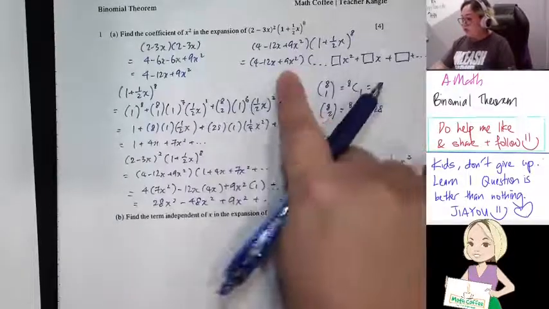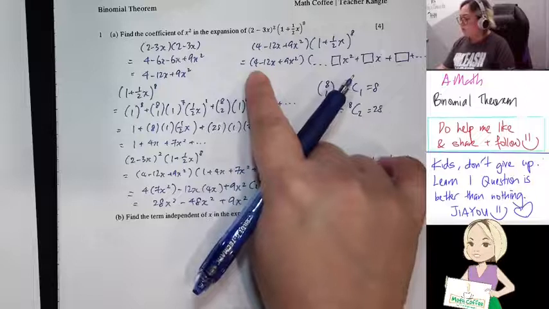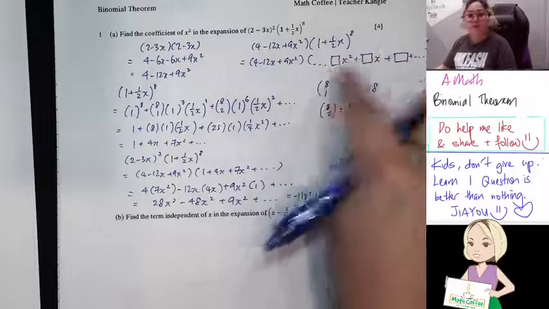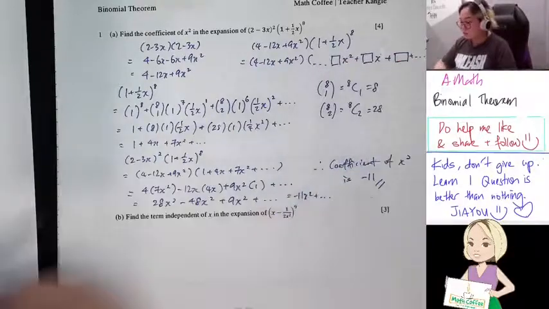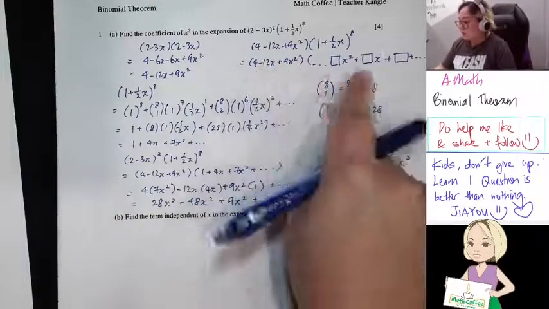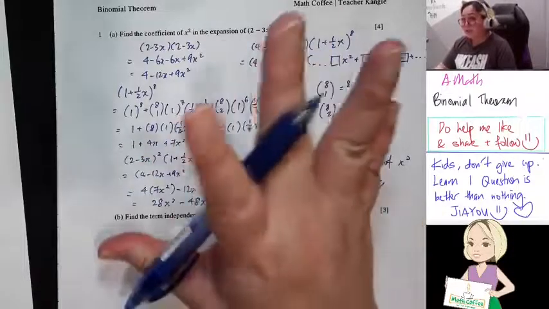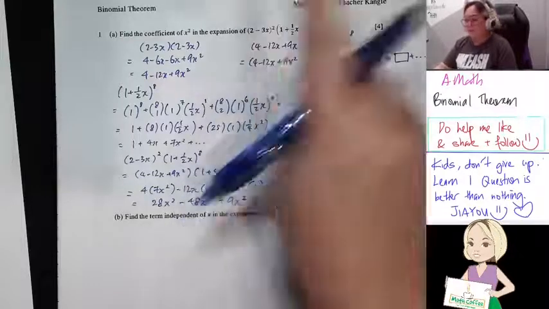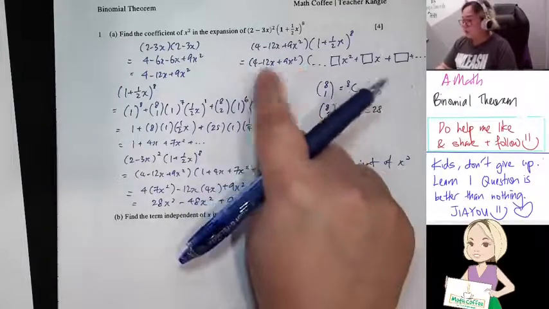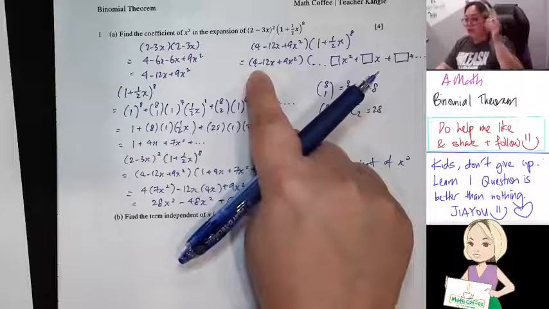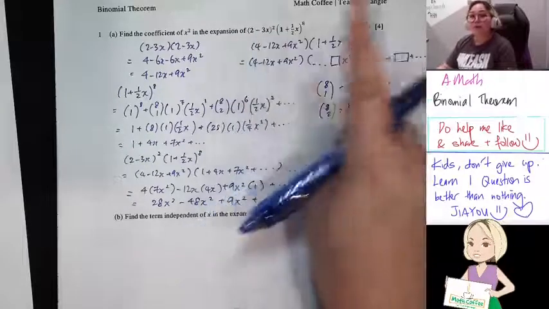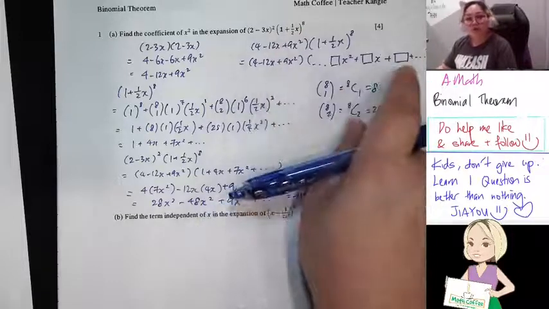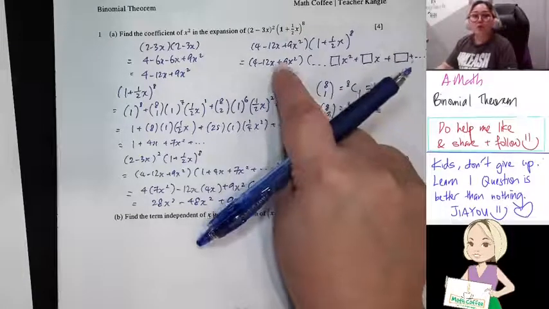If this question asks for x cubed, then this expansion I need 4 terms. You see, if they ask for x cubed, this first bracket is already fixed. I already have these first 3 terms. So you have to go through the logic. My 4 I need to multiply with my x cubed. My x I need to multiply with my x squared. My x squared needs to multiply with my x.